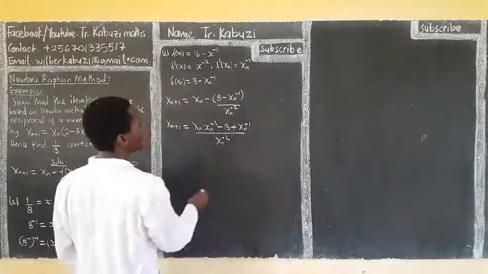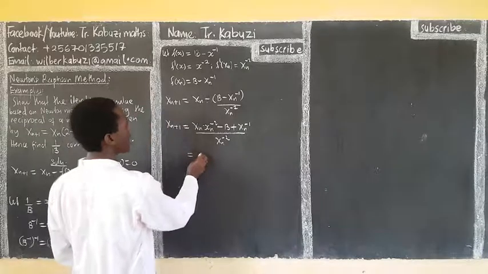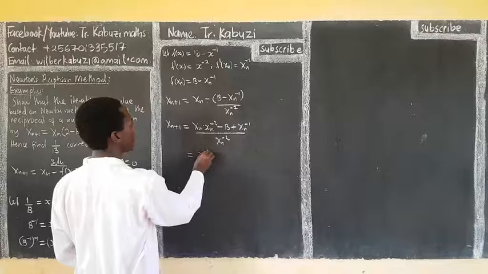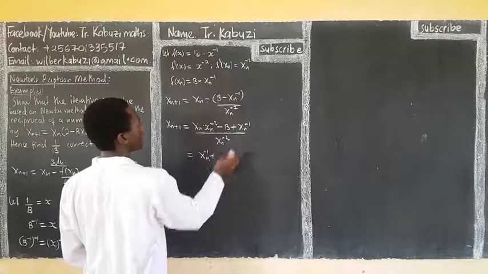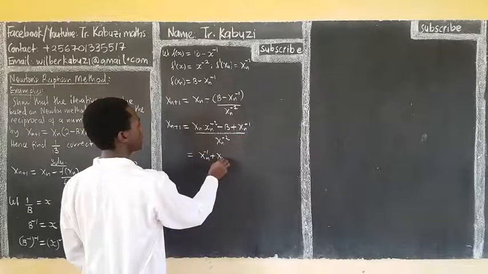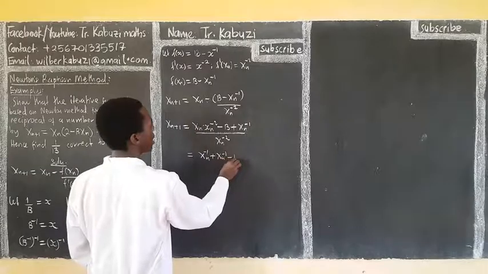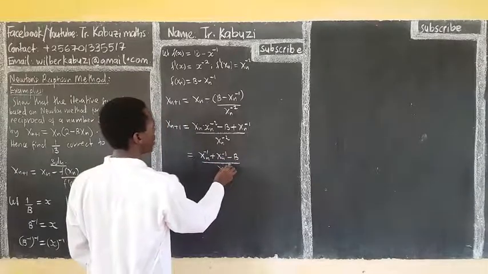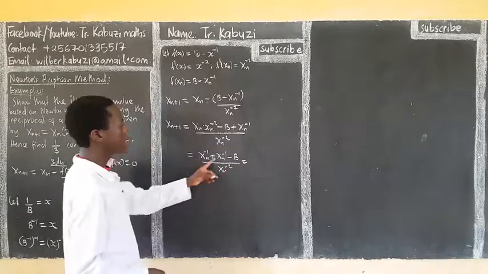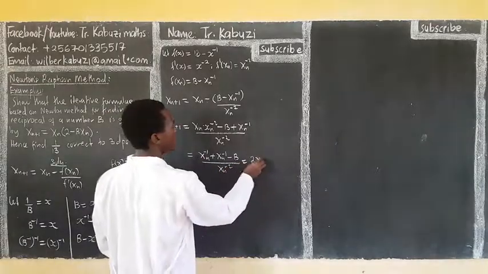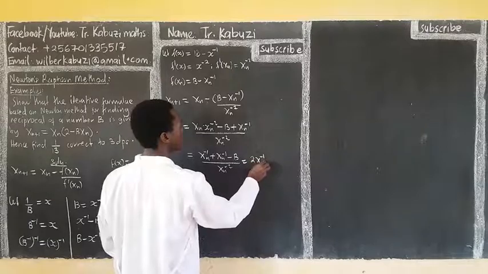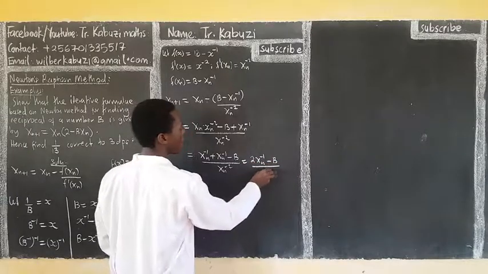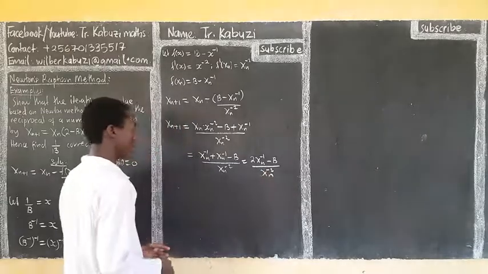So when you simplify this, numbers of the same base, we add the powers, we shall have x power negative 1 n plus this, then minus b, the whole over xn power negative 2.